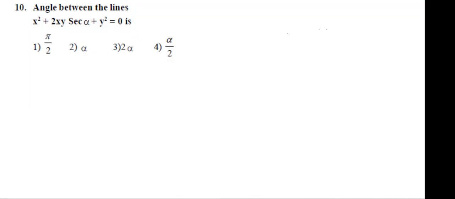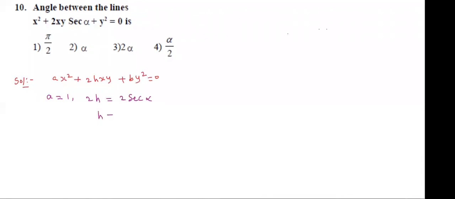This is a level 1, 10th question. What is given here is one pair of lines; find the angle between them. So compare the pair of lines with ax square plus 2hxy plus by square is equal to 0. Compare both. What is the a value? 1. What is the 2h value? 2 secant alpha.